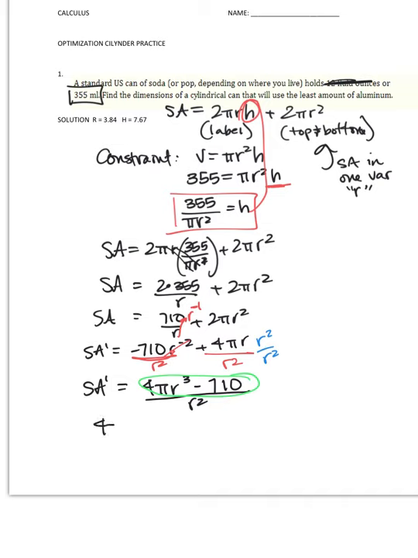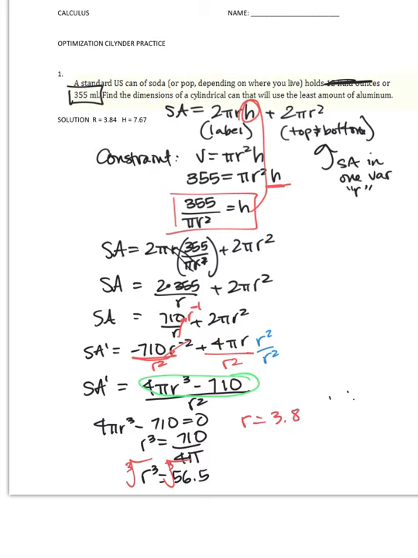So when I set that 4 pi r cubed minus 710 to 0, we're going to solve for r cubed, and we would be adding the 710 and dividing by 4 pi. So we have r cubed is equal to 56.5, and we take the cube root of that, and we get r is equal to 3.837, so we'll just say 3.84.